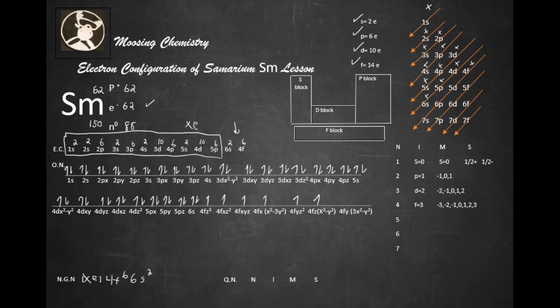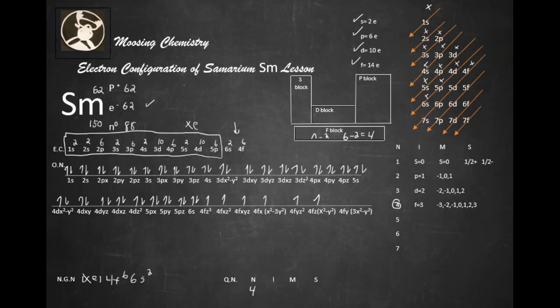Okay, now what about our quantum notation? Well, we know that it's in the f block, and the f block has n minus 2. It's in period 6, so you go 6 minus 2, so in reality it's period 4. So the n value is 4.